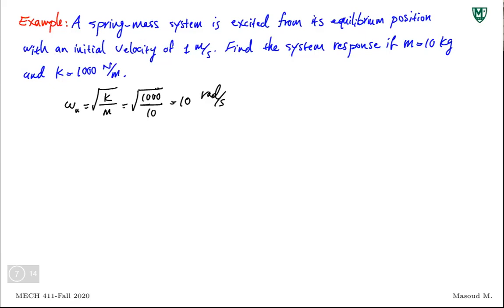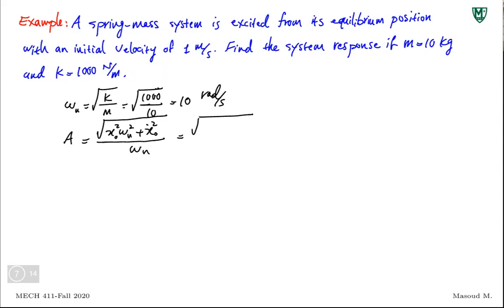The second thing I need is the amplitude, A, which would be the square root of x naught squared omega n squared plus x naught dot squared, divided by omega n. You plug in the numbers. You're just given the initial velocity. Actually, it's already given: the problem says it's excited from its equilibrium position.